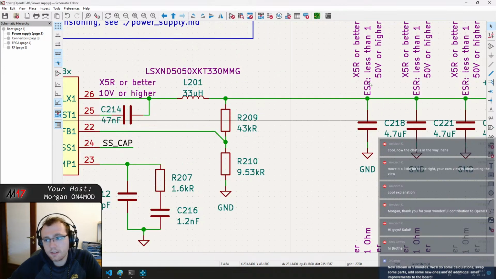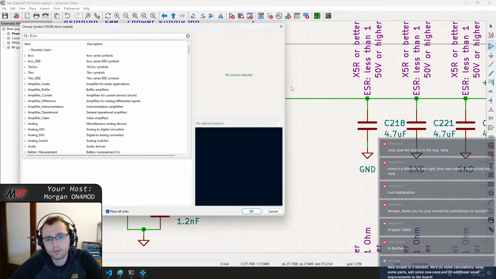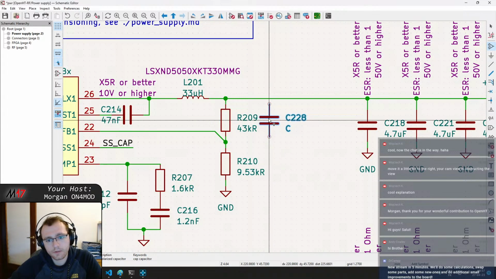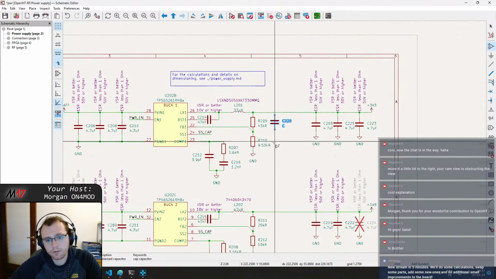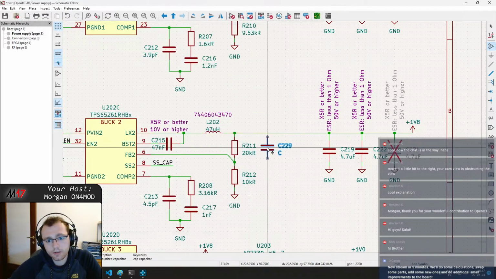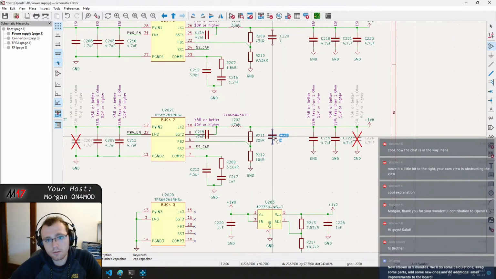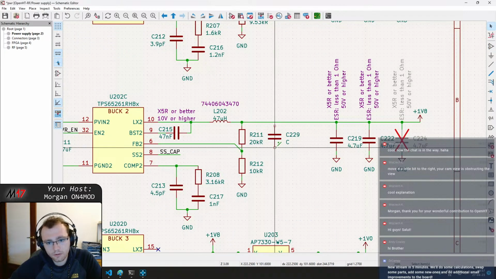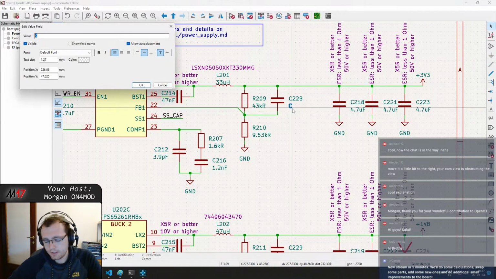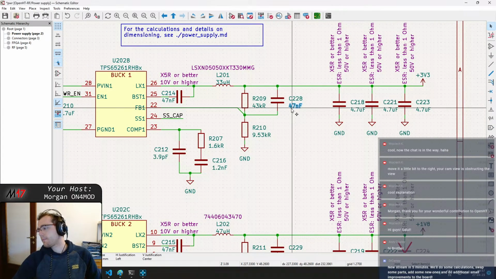And now we can add the capacitor. We will add one here and one here, like that. And we decided to pick 47 nanofarad.